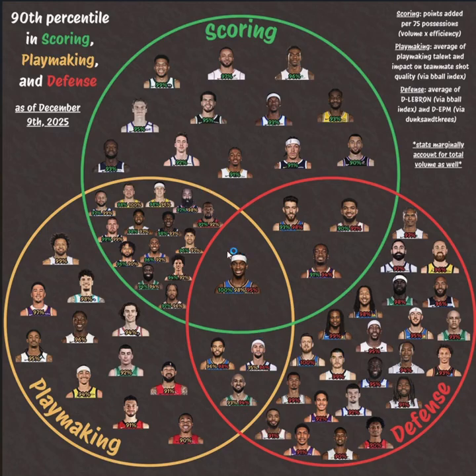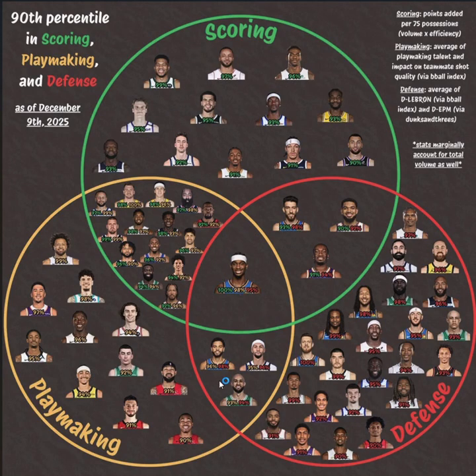Then we come to 8, the most interesting finding. The thing I learned is how few players appear in the center of all three circles. The vast majority of elite NBA players excel in only one or two categories.